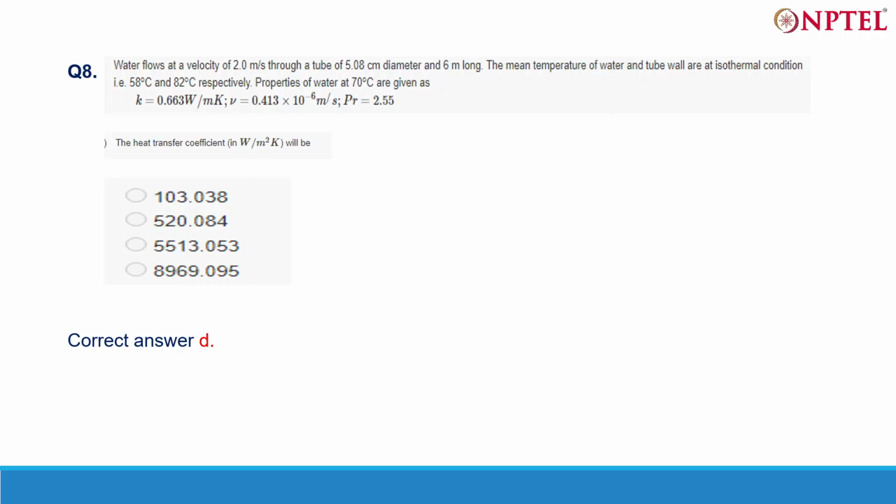So should I solve it? What do you say? Okay, let me solve it then. So first thing is velocity equal to 2 meter per second.